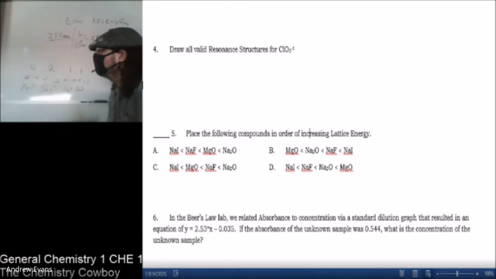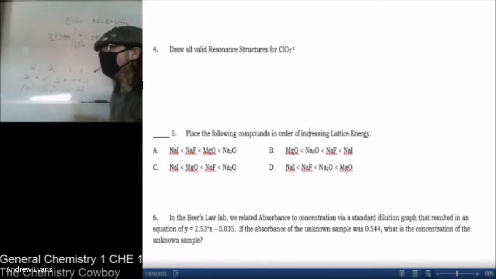Now, in this particular case, you then look at which element is bigger. Both of them have sodiums. So it comes down to, is fluorine going to be the smaller guy or iodine the smaller guy? The rule of size is size increases down the table. So iodine is the larger element.